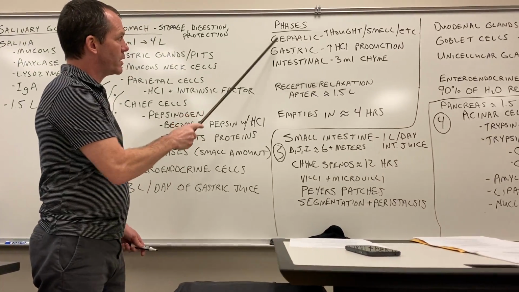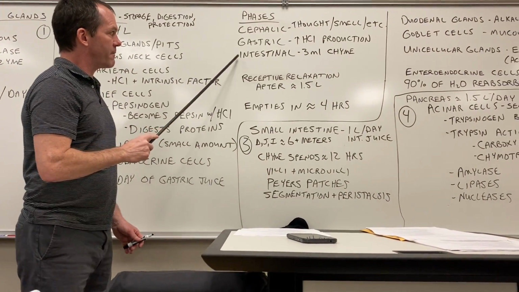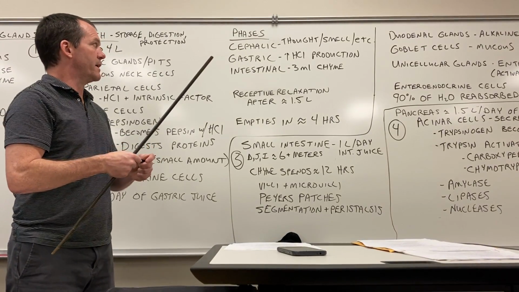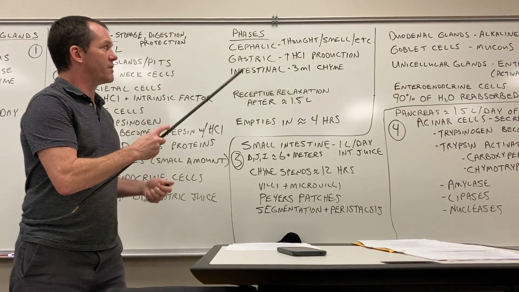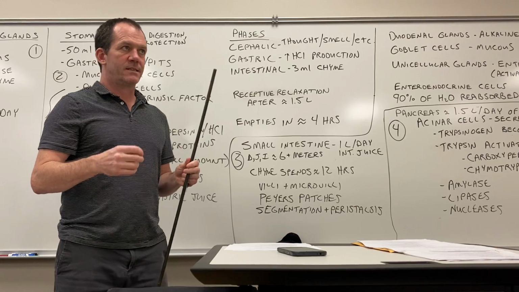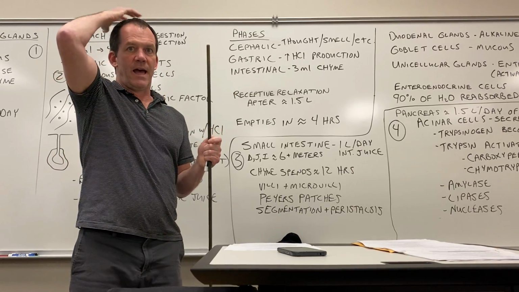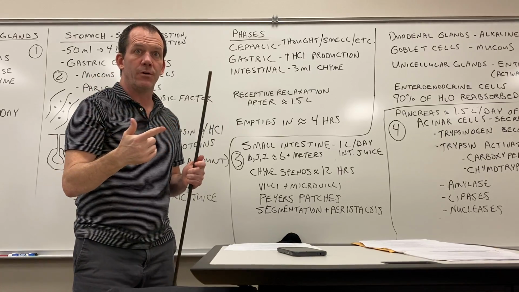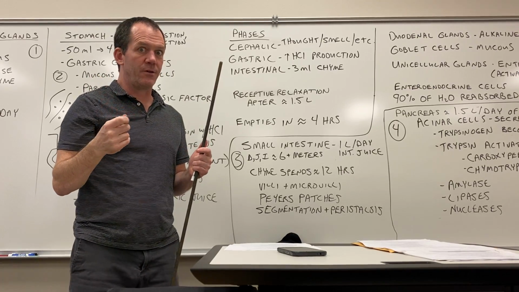Still in the stomach here, there are 3 basic phases to activity in the stomach. There is what's called the cephalic phase, and cephalic means head. So this literally involves your head. If you see food or think about food or smell food, right?